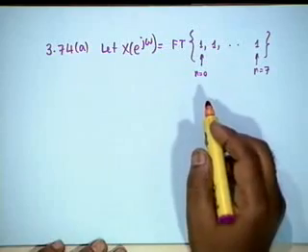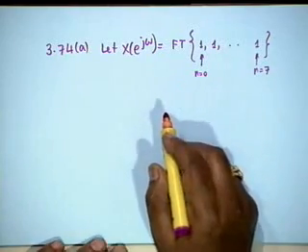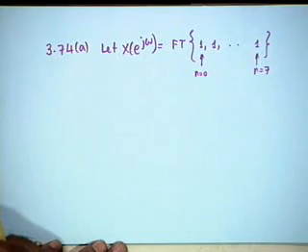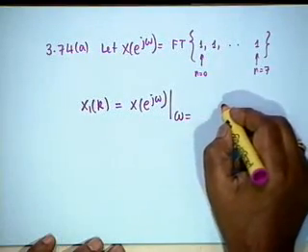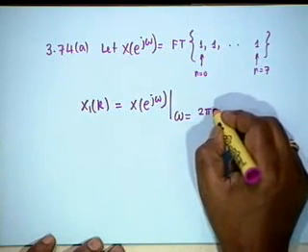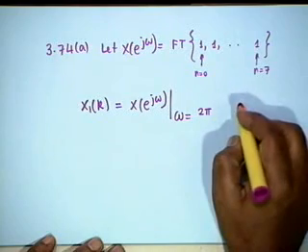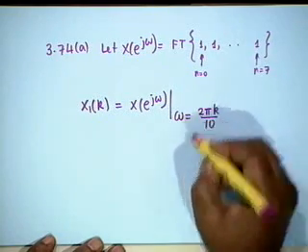Now, a cute thing is done, that is capital X of e to the j omega is taken and sampled at 10 points. In other words, X1 of k is obtained from capital X of e to the j omega by putting omega equal to 2 pi k by 10.